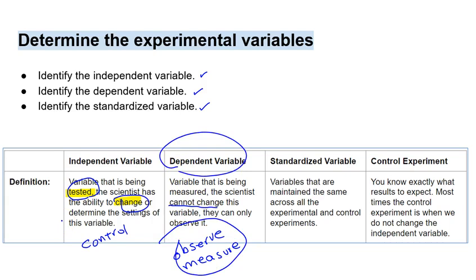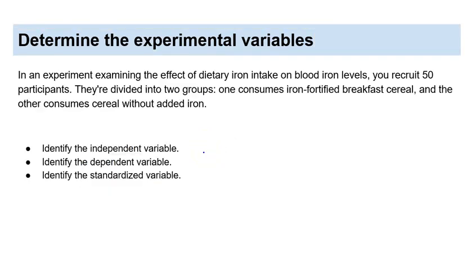So these are the keywords for dependent variable. And a standardized variable is a variable that is going to be the same during the experiment. Okay, so let's read this example and practice. In an experiment examining the effect of dietary iron intake on blood iron levels, you recruit 50 participants.